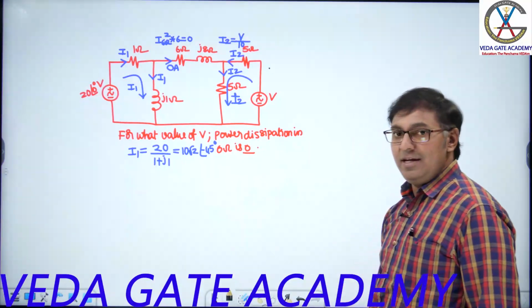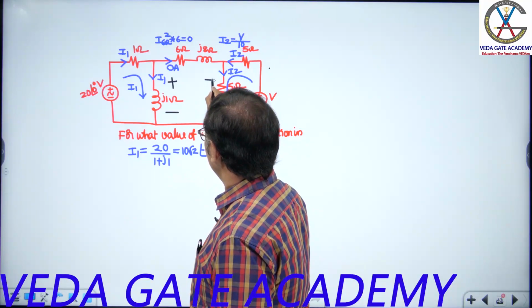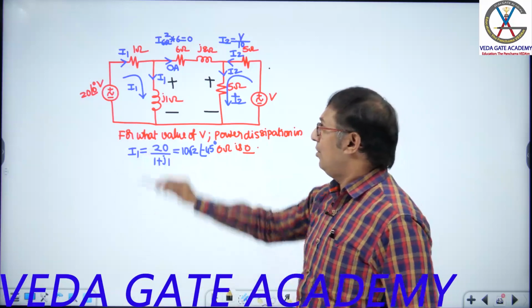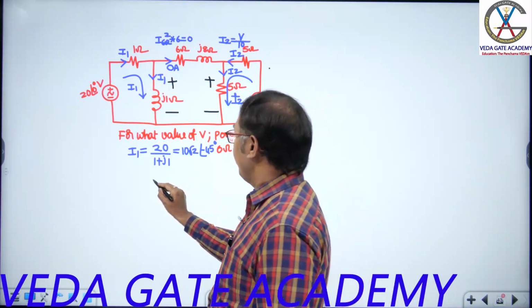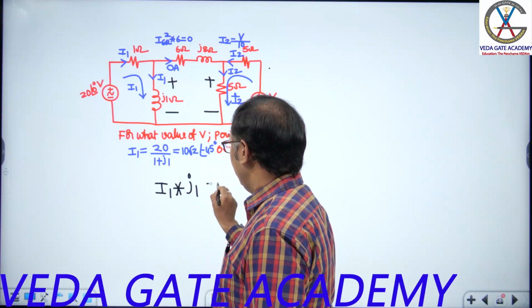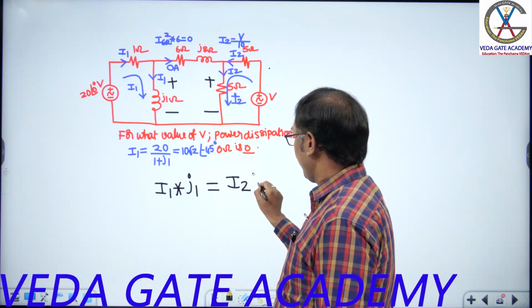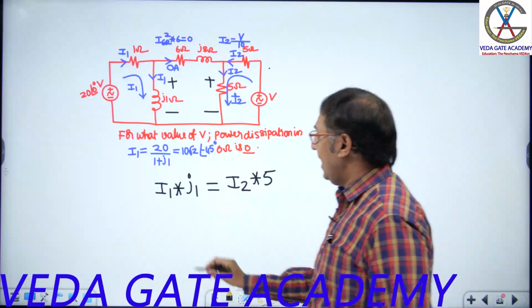When the current is 0, I can equate this voltage. Started positive, go to negative. What is this voltage we got, sir? I1 into J1 equals I2 into 5. What is I1 we got? 10 root 2 at an angle minus 45.